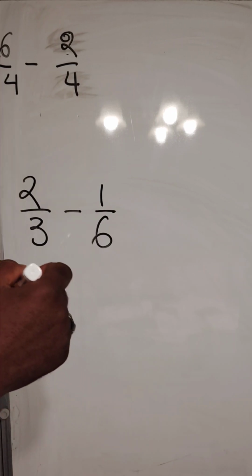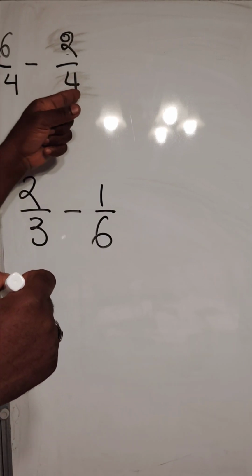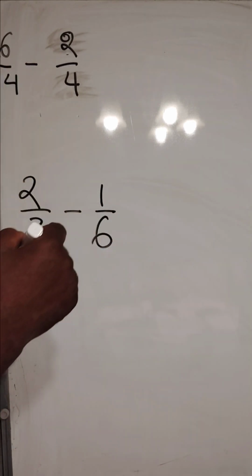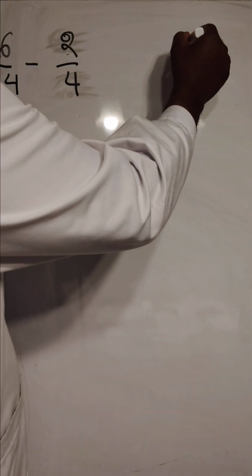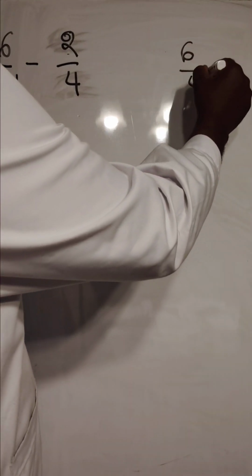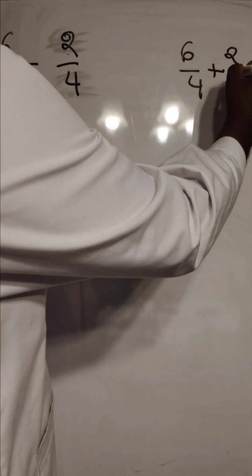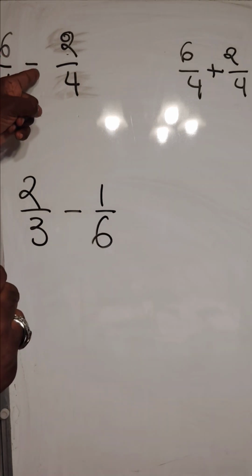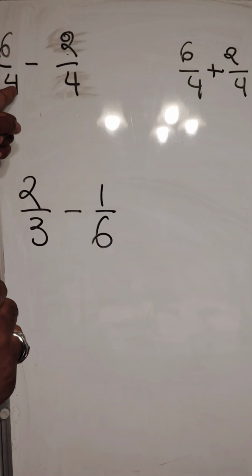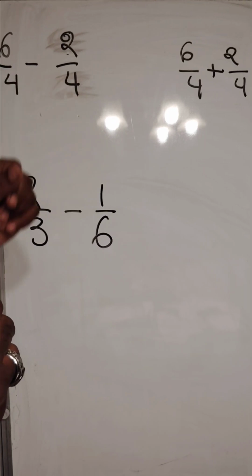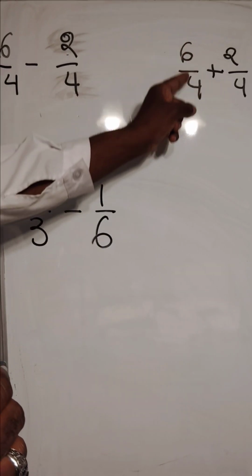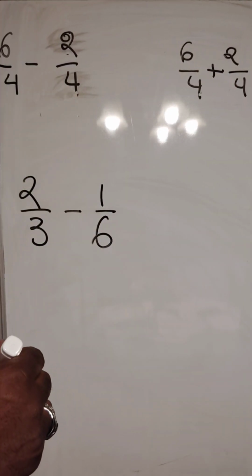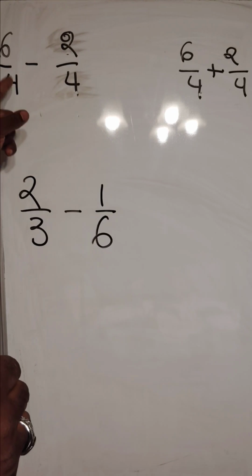Anytime you're subtracting fractions that have the same denominator, or you are adding fractions that have the same denominator, so we'll put addition over there just to refresh your memory, both fractions share the same denominator of 4.